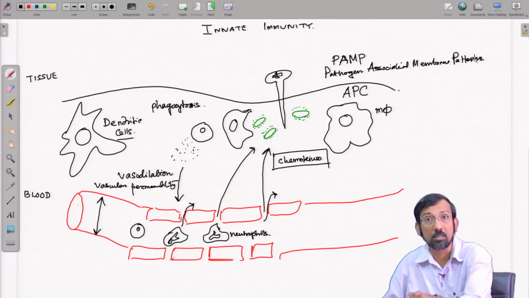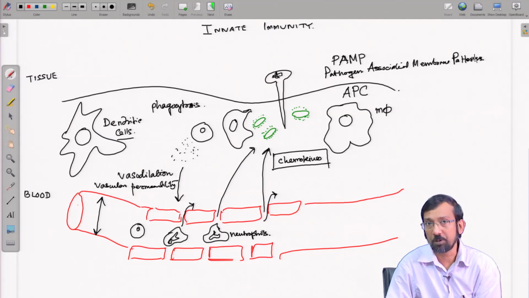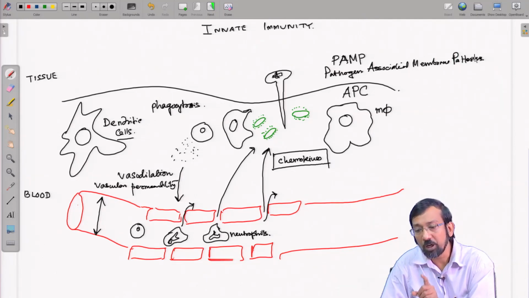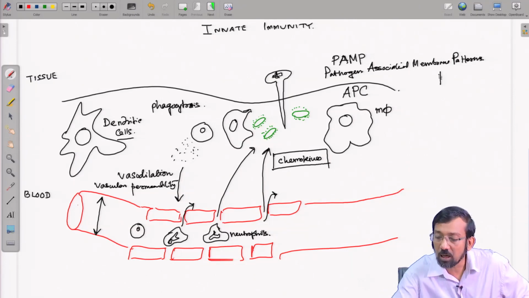Now, these patterns are recognized by specific receptors which are known as pattern recognizing receptors. So, these are the PRRs.